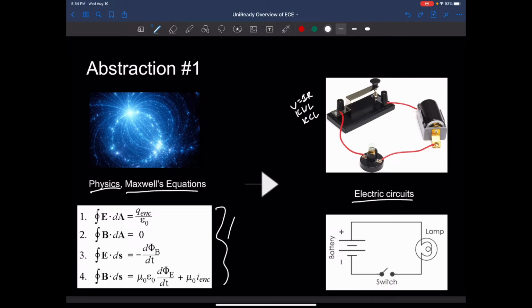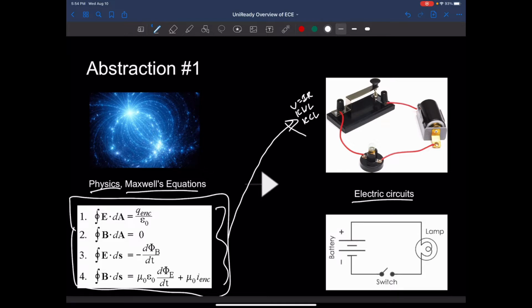And going from these equations to these relatively very simple equations is pretty complicated in terms of understanding when you can make this simplification, because in some scenarios you do have to use Maxwell's equations to determine what will happen in the system, because these equations that govern electric circuits cannot apply to every system that involves electromagnetic forces, because obviously circuits are a very specific scenario in which Maxwell's equations are applied.